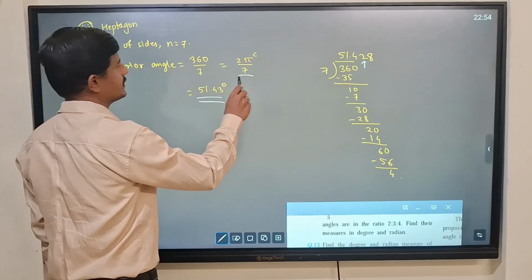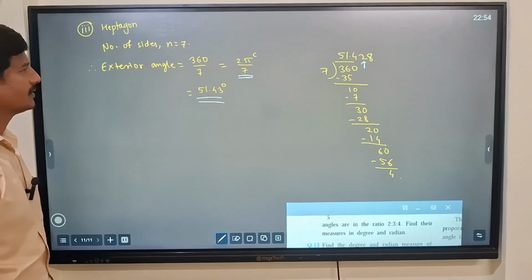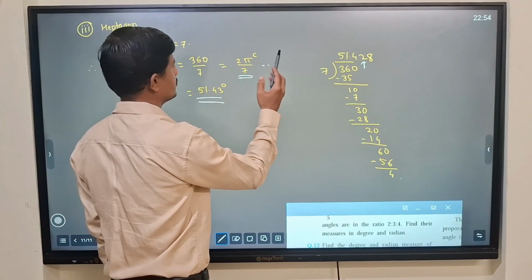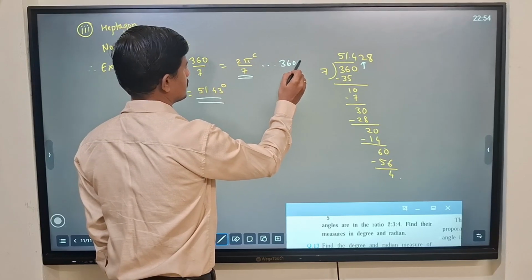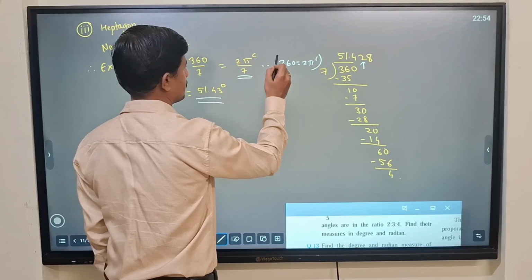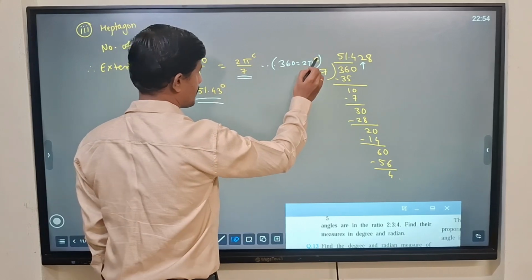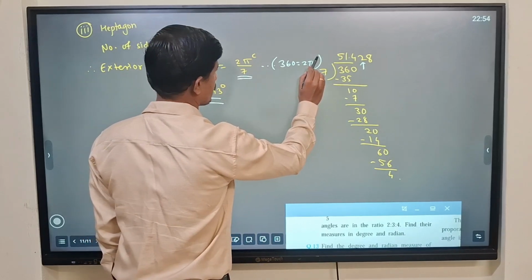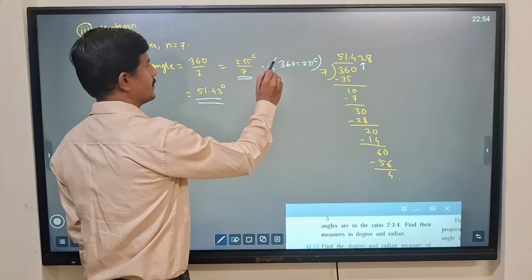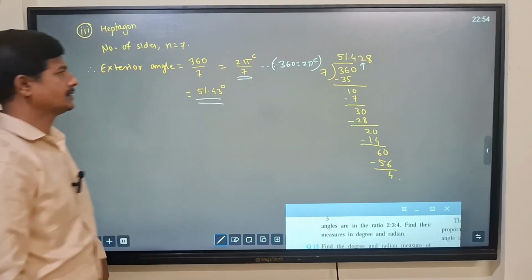So exterior angle in radian is 2 pi by 7 radian. Here you can write down the reason: 360 degrees is simply 2 pi radian. That is the reason.